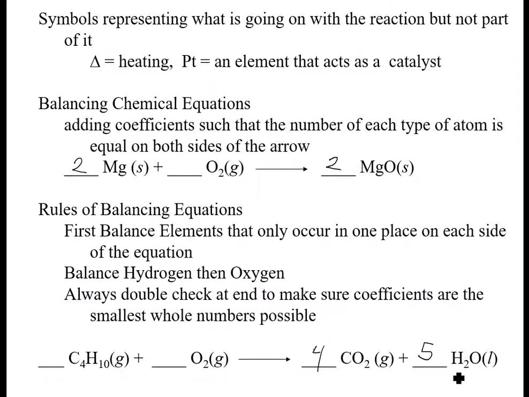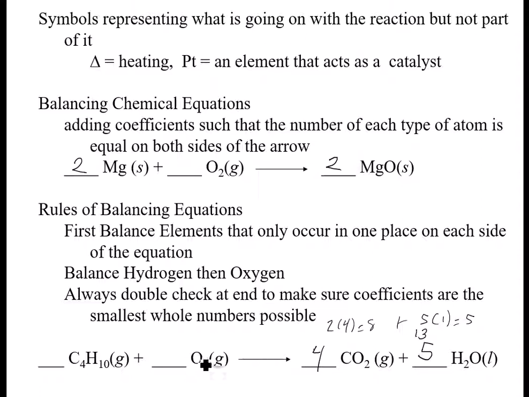A 5, okay? Now I look at my oxygens. I have 2 oxygens here, and I have 8 here. So 2 times the 4 is 8, plus 5 times 1. So I have 13 oxygens here.